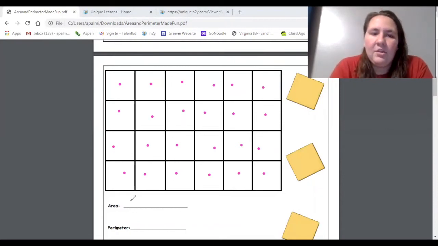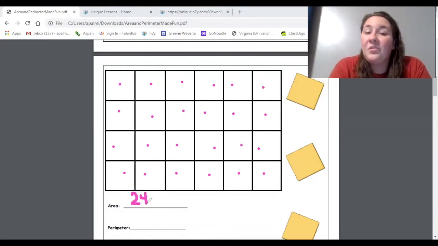Beautiful counting, guys. 24. And remember, with area, it's 24 square units. Good job. I heard some people at home saying square units, Miss Daly. Square units.